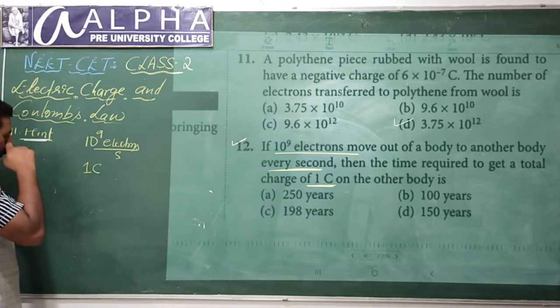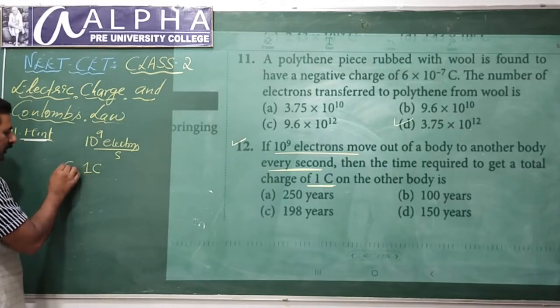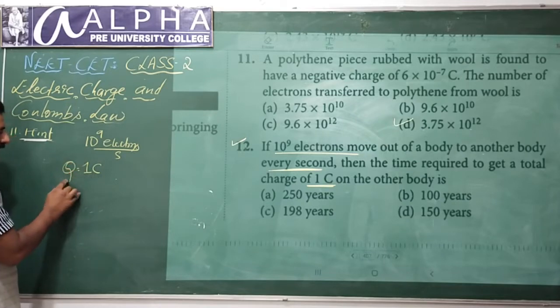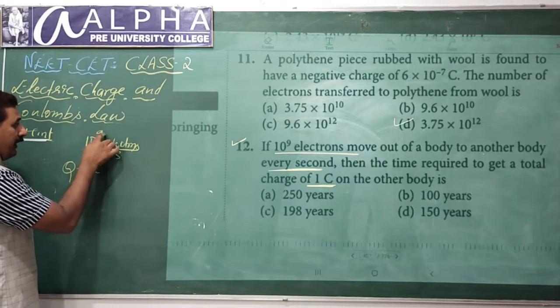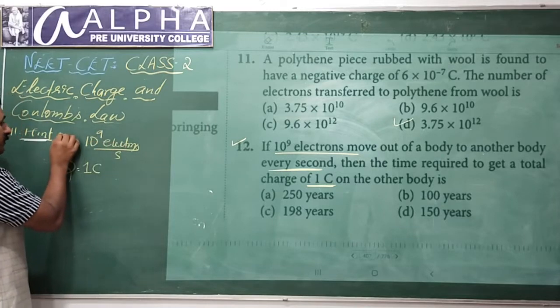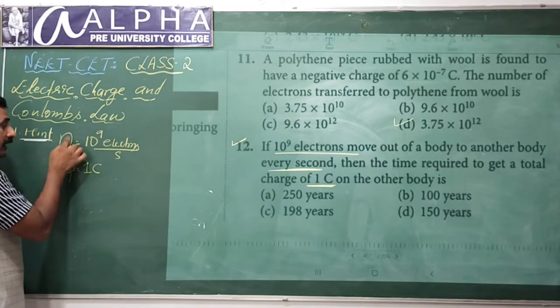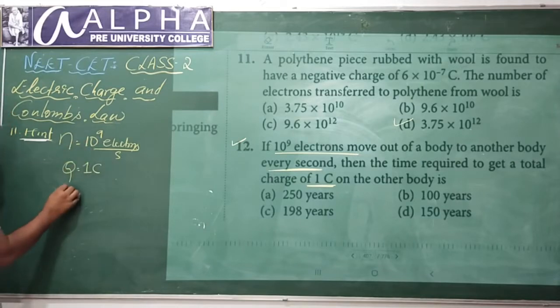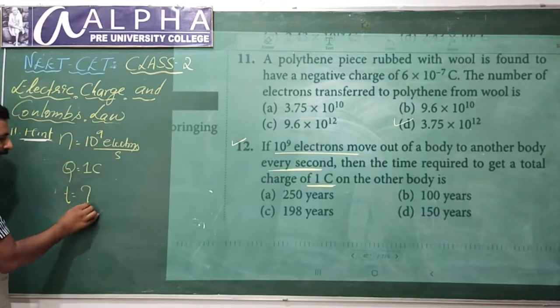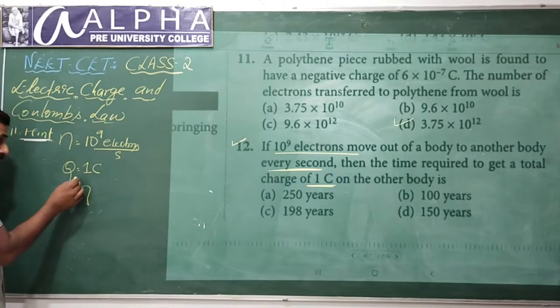This 1 coulomb must be the total charge on the body. Let's denote it by capital Q. Then 10 power 9 electrons per second must be N per second. Then what you have to find is the time taken to collect this much charge.